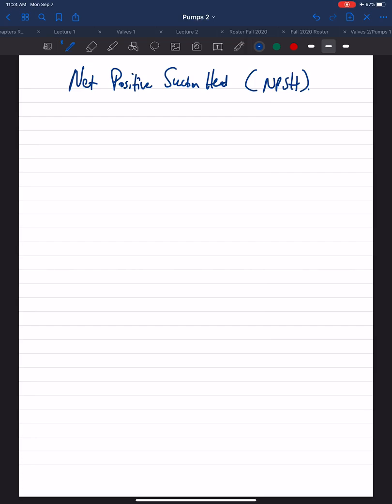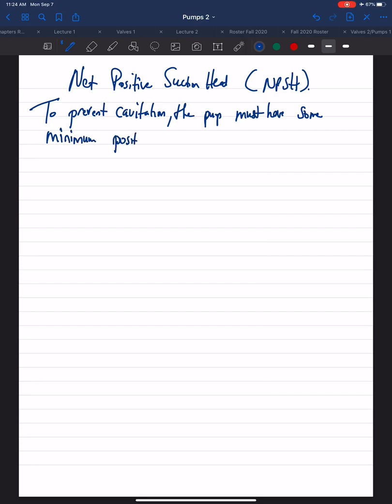So to prevent cavitation, which we just said should be done at all costs, the pump must have some minimum positive pressure at the pump suction.